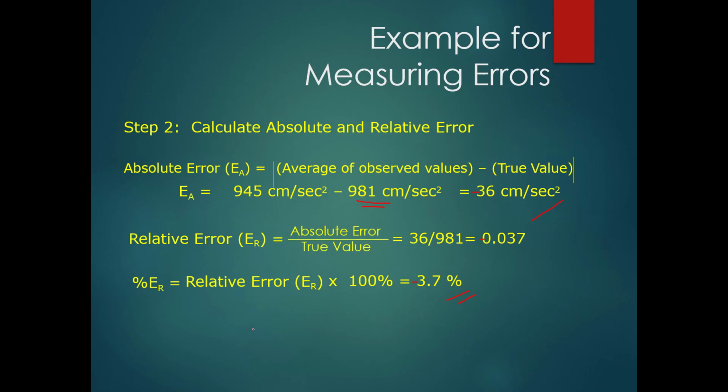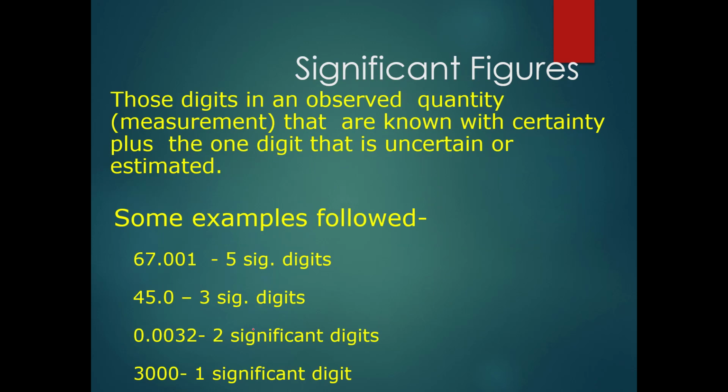Next, significant figures. This is one more important concept regarding measurement. Those digits in an observed quantity that are known with certainty are called significant figures. Whenever we are performing any measurement, we have certainty about some of the digits. That always happens due to the resolution of the scale of measurement.